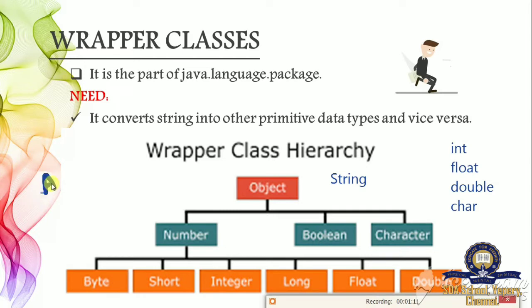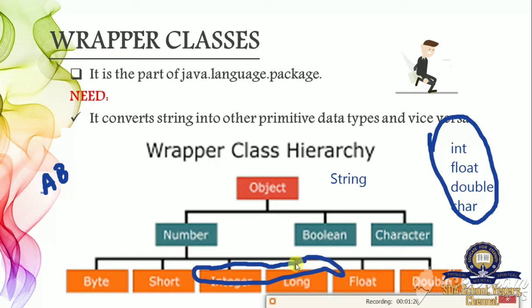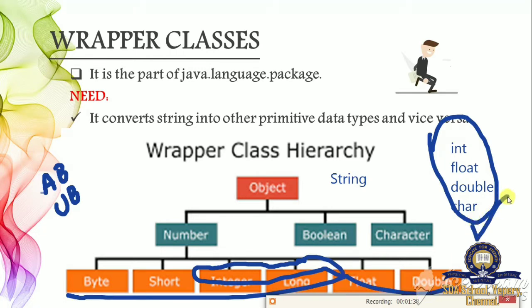So autoboxing converts the primitive types into wrapper classes, but unboxing converts all wrapper classes into primitive types. So this is the main difference between autoboxing and unboxing. This is about wrapper classes.